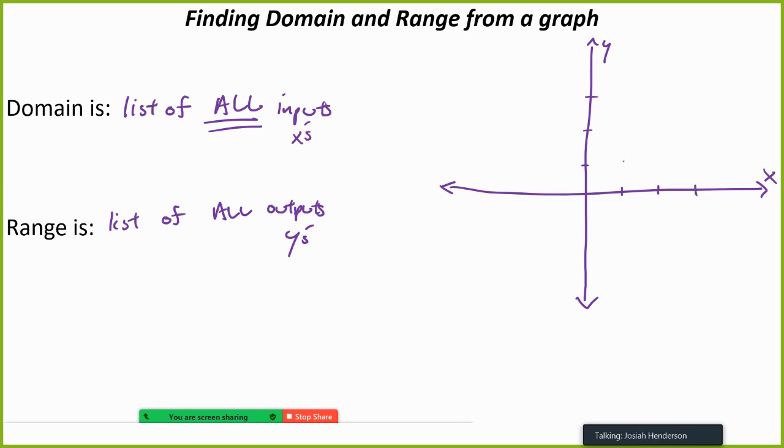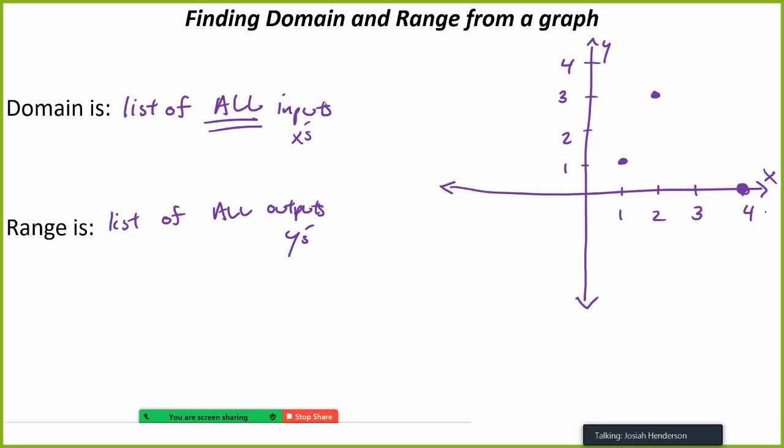So let's say they give us this point, and this point. 1, 2, 3, 4.